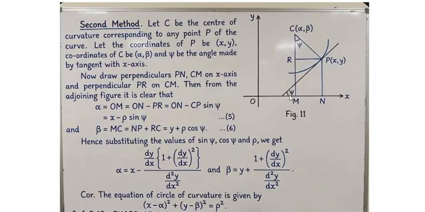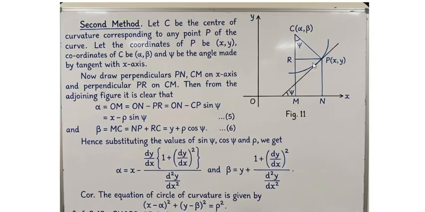Because of the alternate interior angle property, this angle also becomes psi, since RP is parallel to the x-axis. RPN becomes a rectangle because all angles are 90 degrees here, as we drew perpendiculars, and RM and RPN are perpendicular, and RP is also perpendicular.